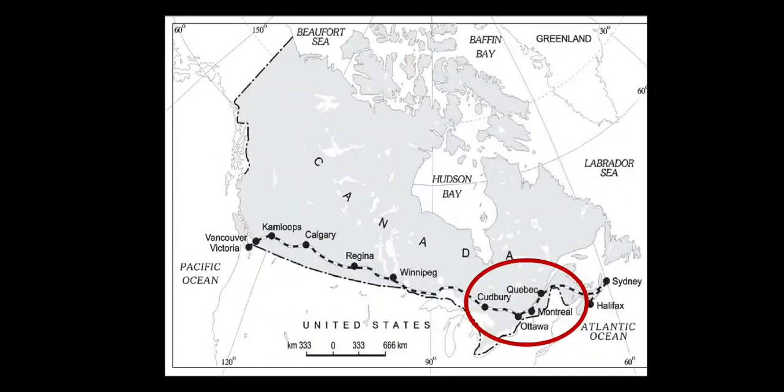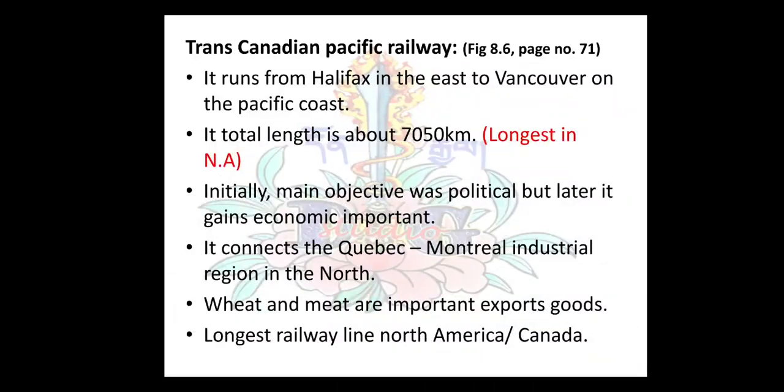So this is the map of the Trans-Canadian railway line. In between, I have made one red circle. This red circle shows the industrial belt of Canada. If we talk about Canada, most of the industries are located inside that red circle. This railway line connects Quebec and Montreal, the industrial region of Canada.